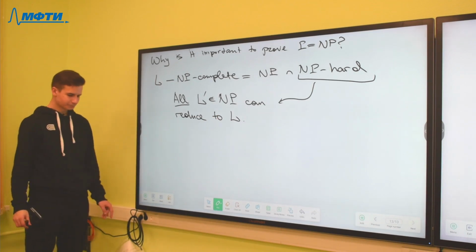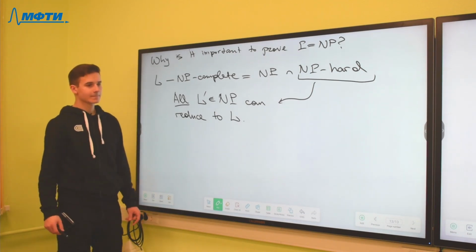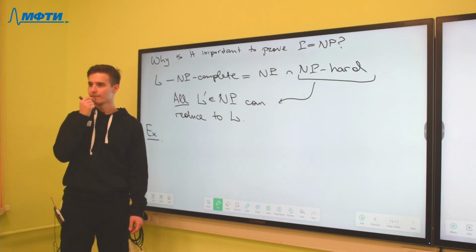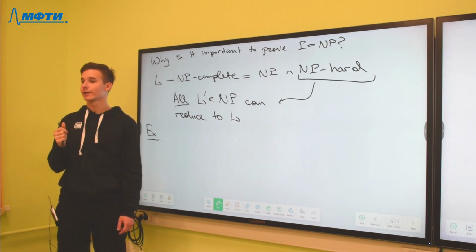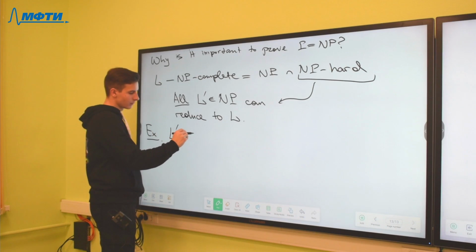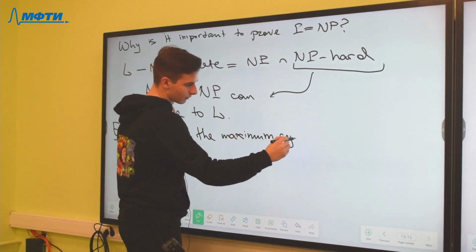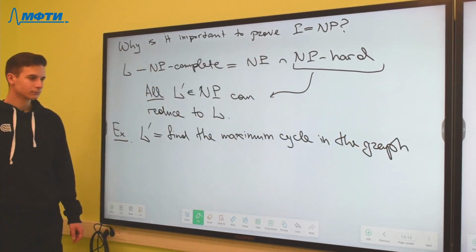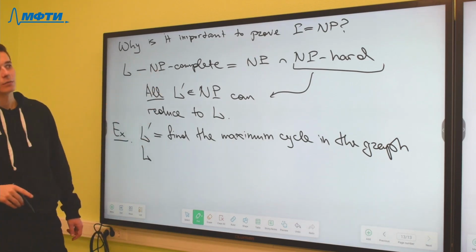For example, we have a task: find the maximal cycle in the graph, and we have L from the previous example.